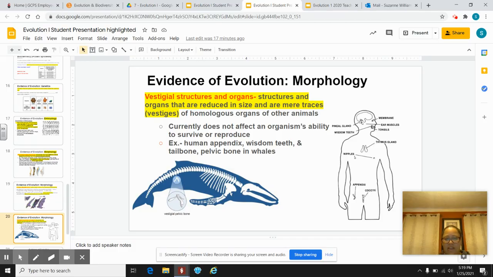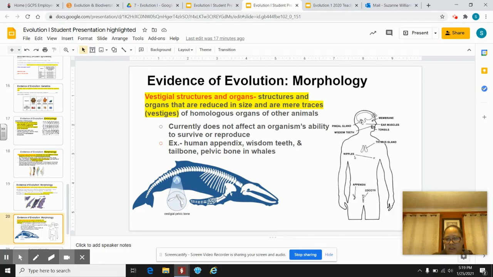And in a lot of cases, they've shriveled or shrunk, and they're just kind of there, but serve no purpose. So for example, a whale has hip bones and some leg bones, but they're super tiny and they're internal. Why? Because whales no longer walk on the planet. They're all in the ocean.